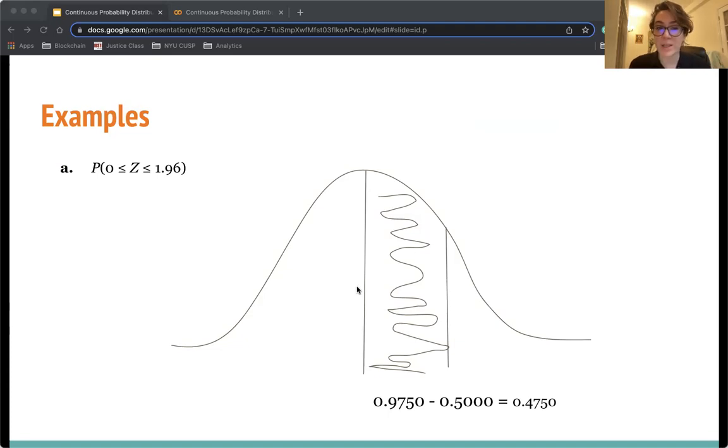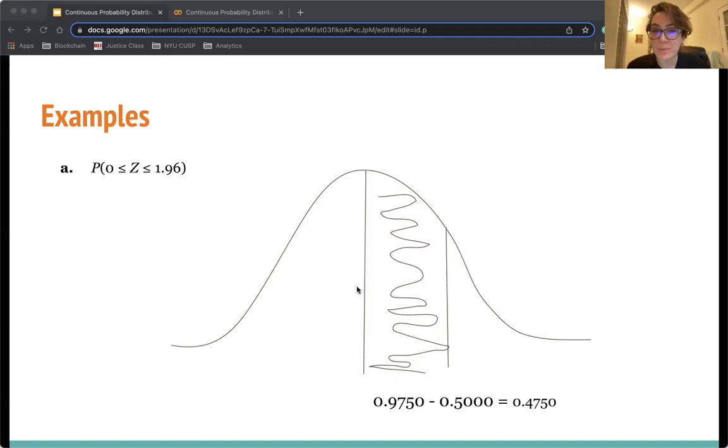But now, because we're not using anything above this, we're using just this interval, we need to remove that little portion that's above that 1.96 value. And the way we do this is by subtracting what we just calculated in the last one from the whole area that would be on that side.